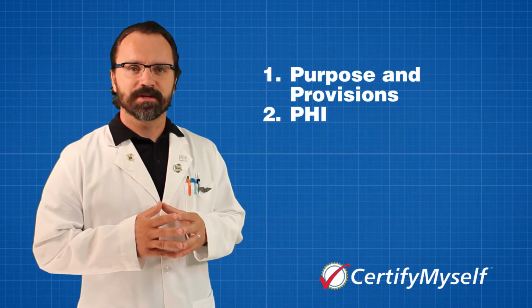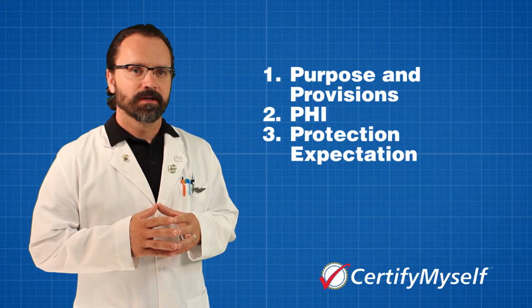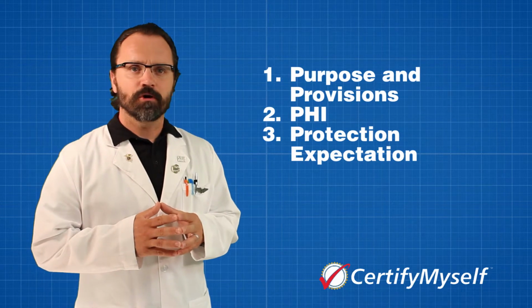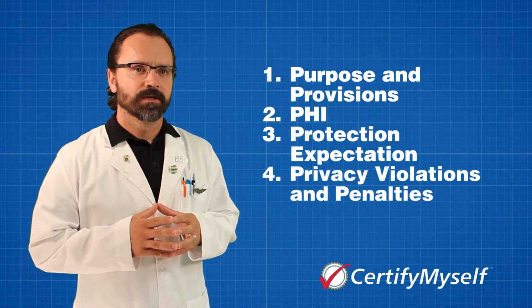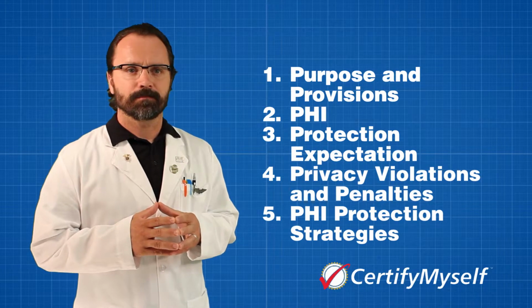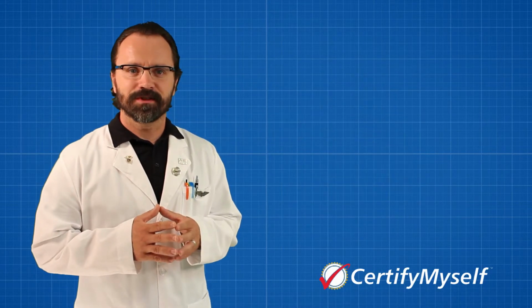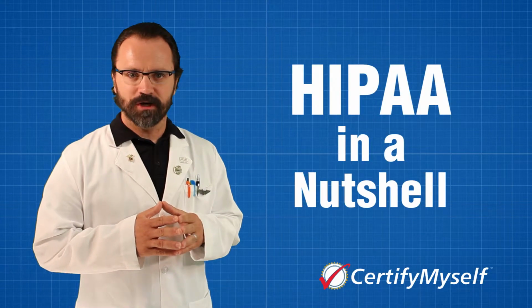You'll understand what is expected to protect protected healthcare information. You'll understand the depth and scope of privacy violations and penalties. You'll learn practical and useful protection strategies. And finally, we'll wrap things up with a general overview of what we like to call HIPAA in a nutshell.